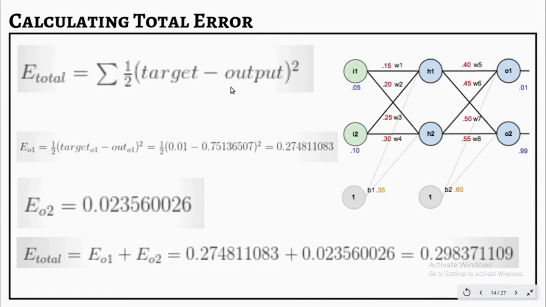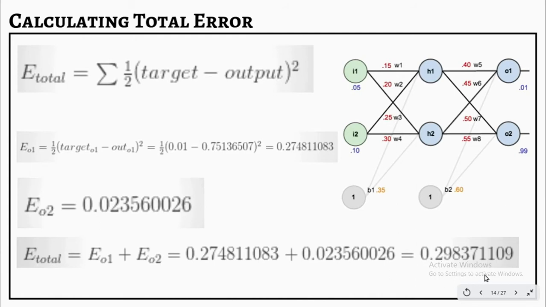If I calculate for O1, then half of the actual output, that is 0.01, minus the output I am getting, that is 0.75. So this was the error for O1, and similarly I will calculate the error for O2, and the total error will be EO1 plus EO2. So this is my total final error.